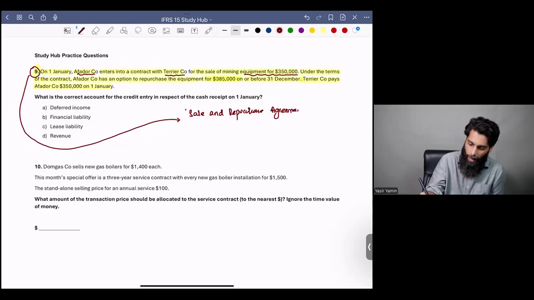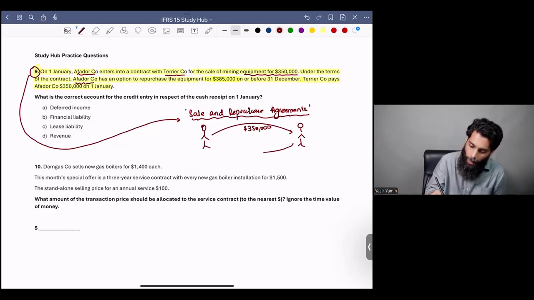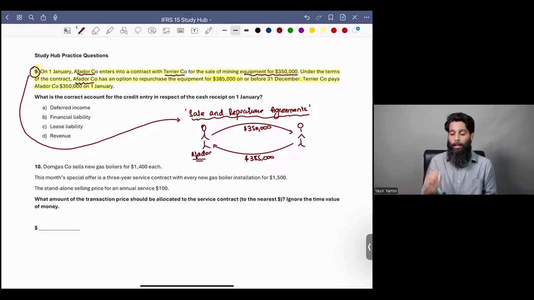Now, the transaction is such that you are an entity, you have sold goods to another party for $350,000, and you, Ecuador, have an option to buy back these goods for 385,000.